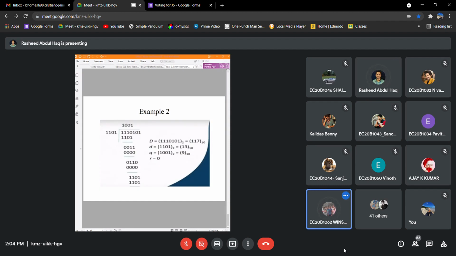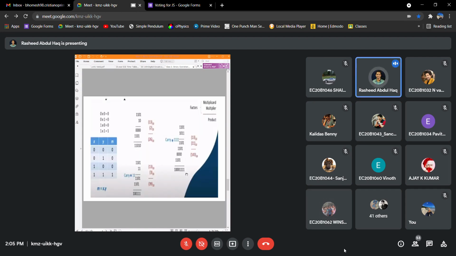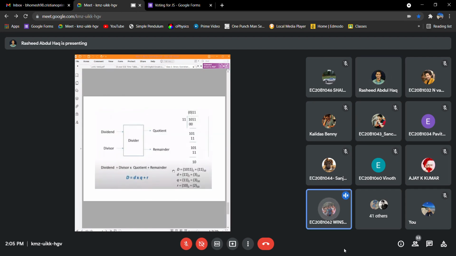Sir, in that first example, in the first step, 0 is subtracted by 11, sir. First example, first step, sir. 10 is there, and then we are, sorry, 0 is subtracted from that 10, or 10 is subtracted by 0.